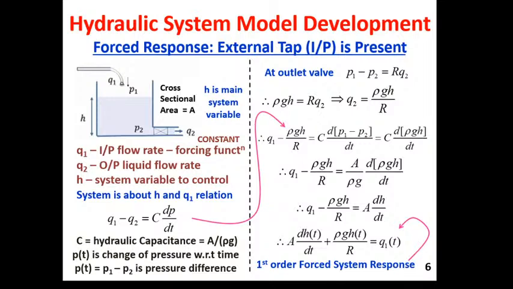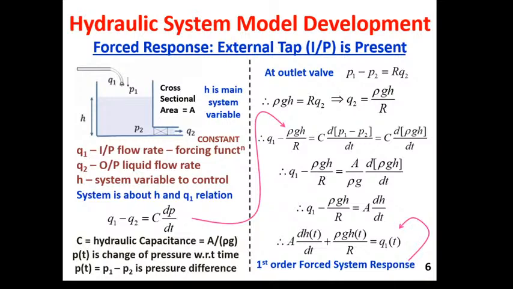So this Q1(t) is helping the water level to rise and settle at a certain height. This height H will reach a steady state value after some time, and to find that time response, again you have to take the help of the Laplace transform. So this is how the system model is developed.